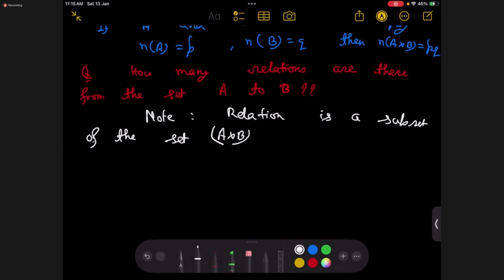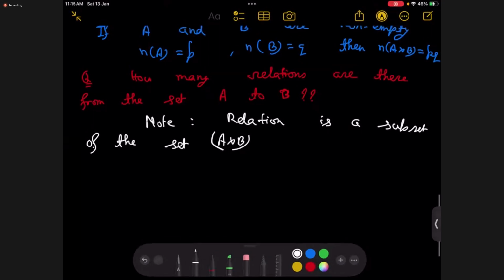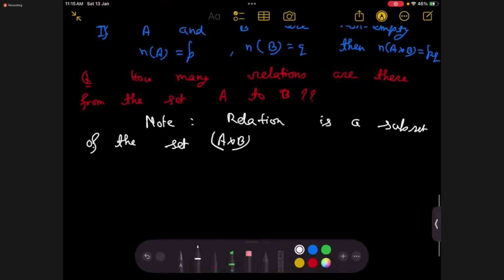Okay. Now, from our previous knowledge, we can recall how many subsets we can have of the set A cross B. The number of subsets of the set A cross B is 2 to the power PQ. Why 2 to the power PQ? Because the number of elements in A cross B is PQ, and we know the cardinality of the power set of A cross B is nothing but 2 to the power PQ.